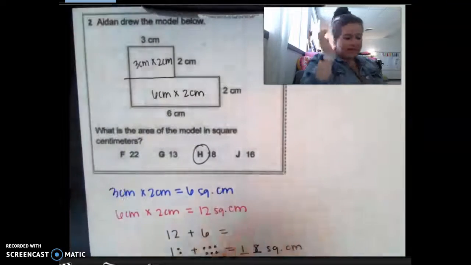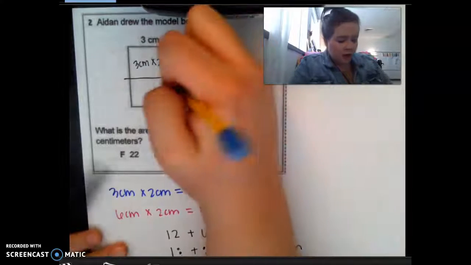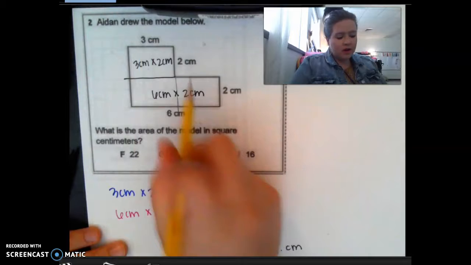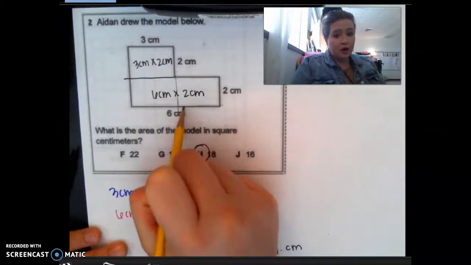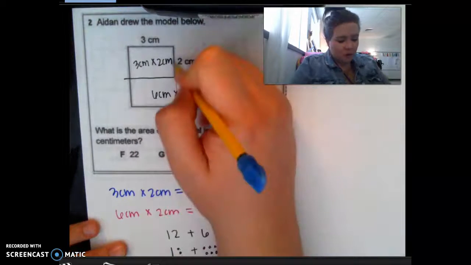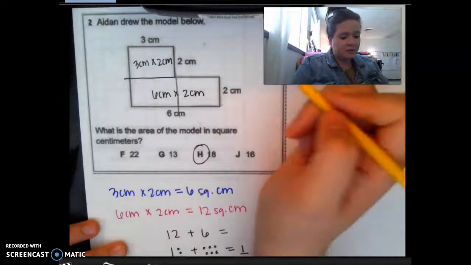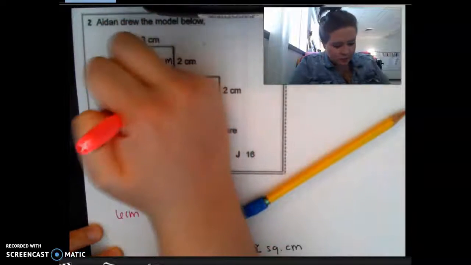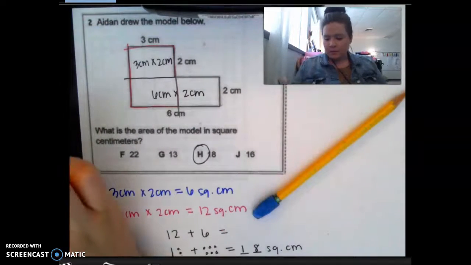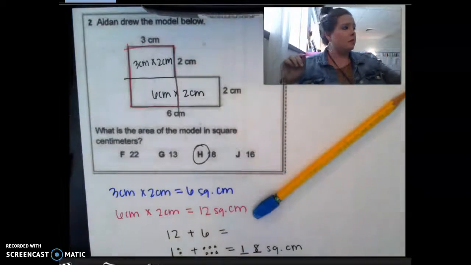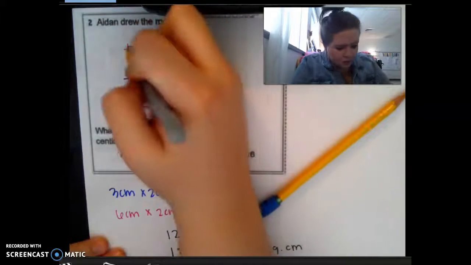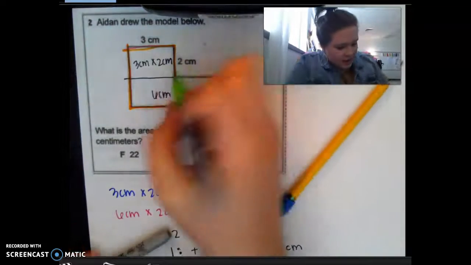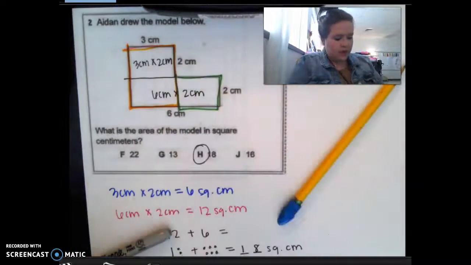The reason that I didn't break this one up going right here, you could have done that, but you would have had to figure out your length here, okay? That would have been acceptable. If you would have gone this way, that would have been acceptable, and that would have been okay. So it would have been that one, and then that one, okay?